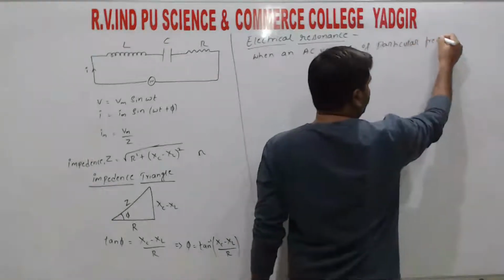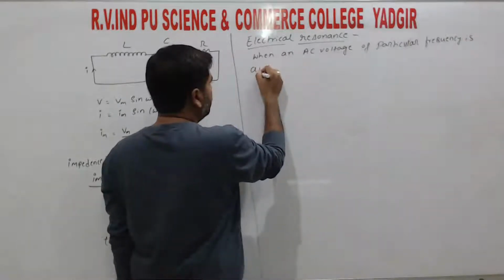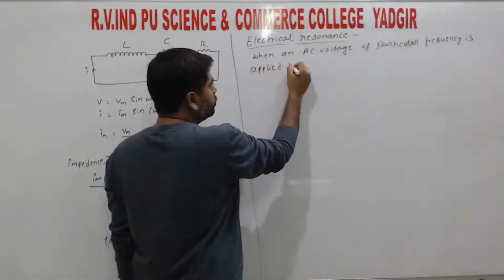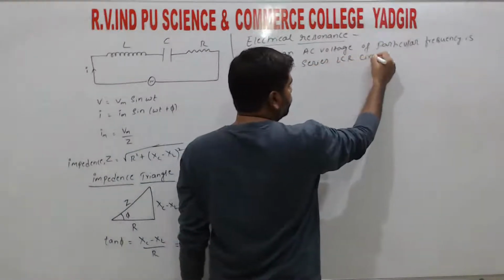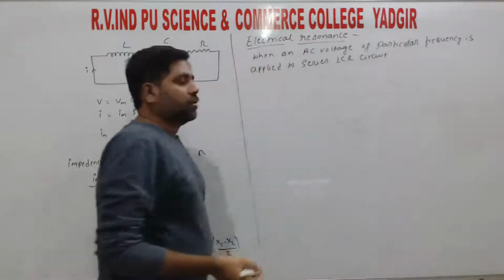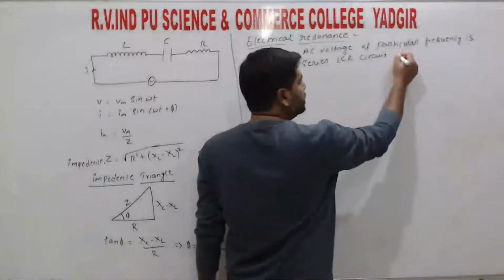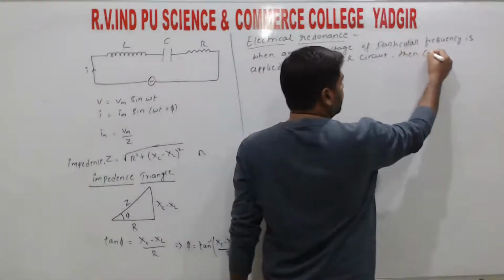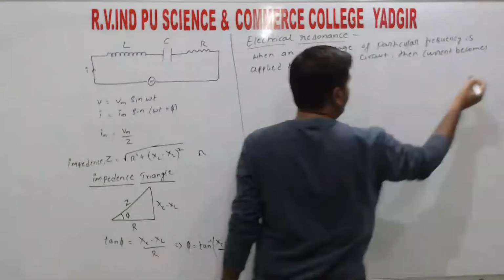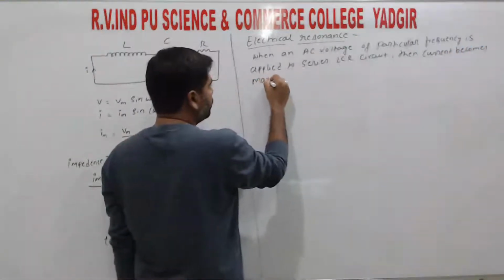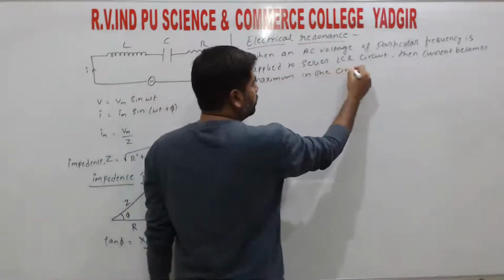When an AC voltage of a particular frequency is applied to a series LCR circuit, the current becomes maximum in the circuit.